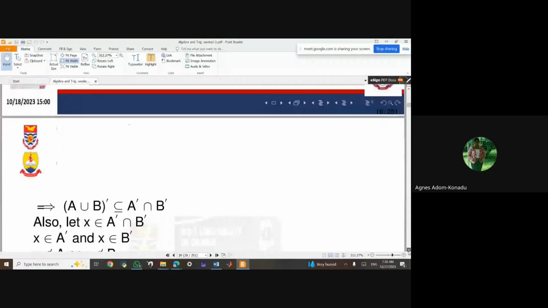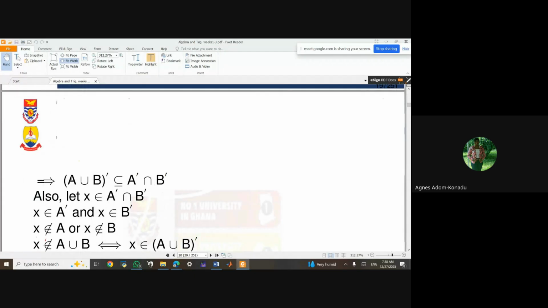So we've been able to show that A union B complement is contained in A complement intersection B complement. Then the next one, we want to show that the right-hand side is also contained in the left-hand side. So let X be in A complement intersection B complement.